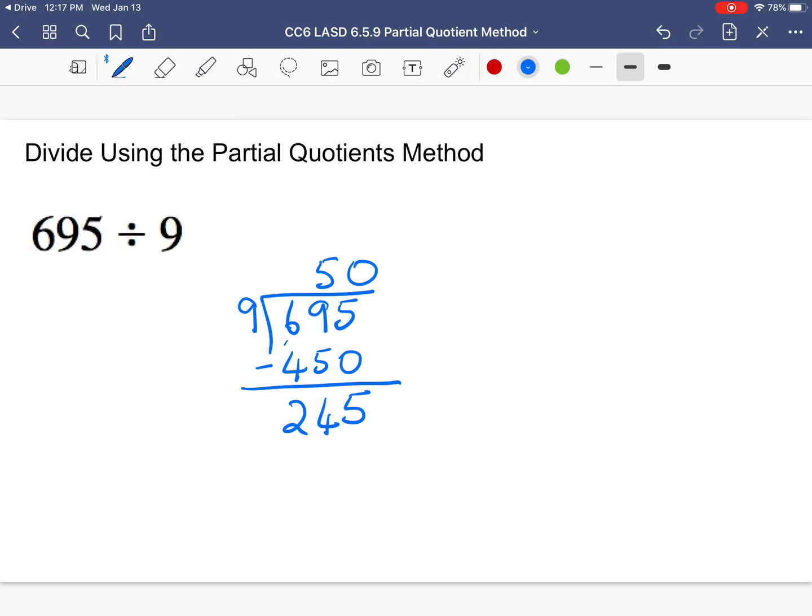And now I want to divide that by 9. I'll say 10. 10 times 9 is 90. So I'm left with 155. I will say 10 times 9 is 90 again, and subtract another 90.